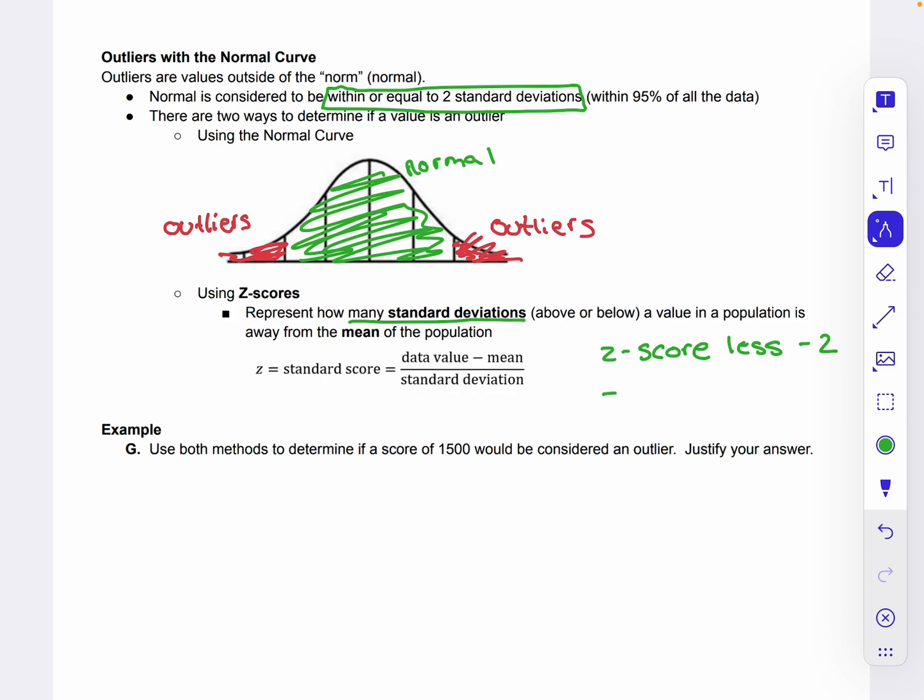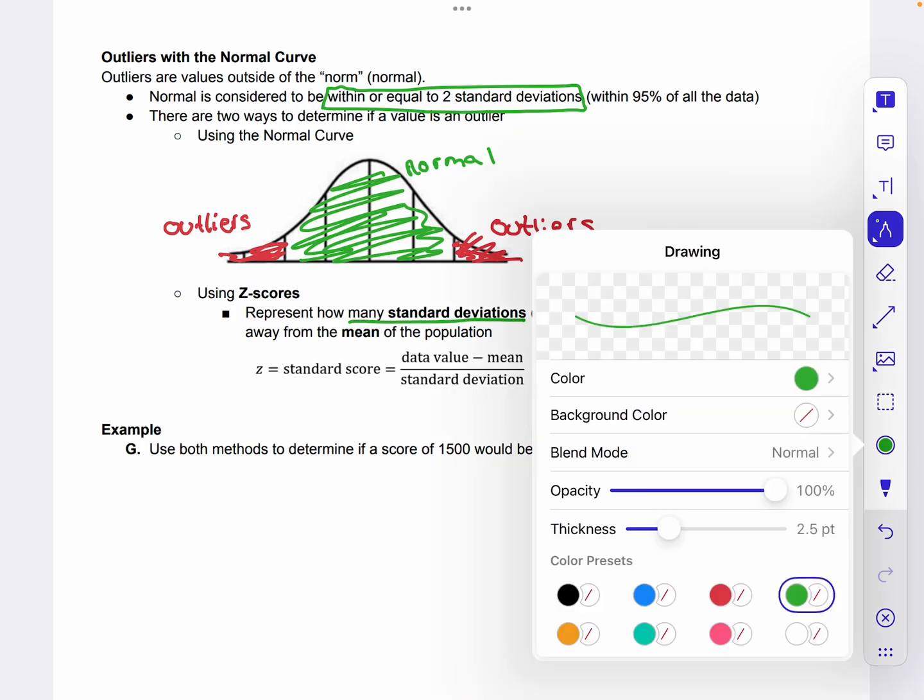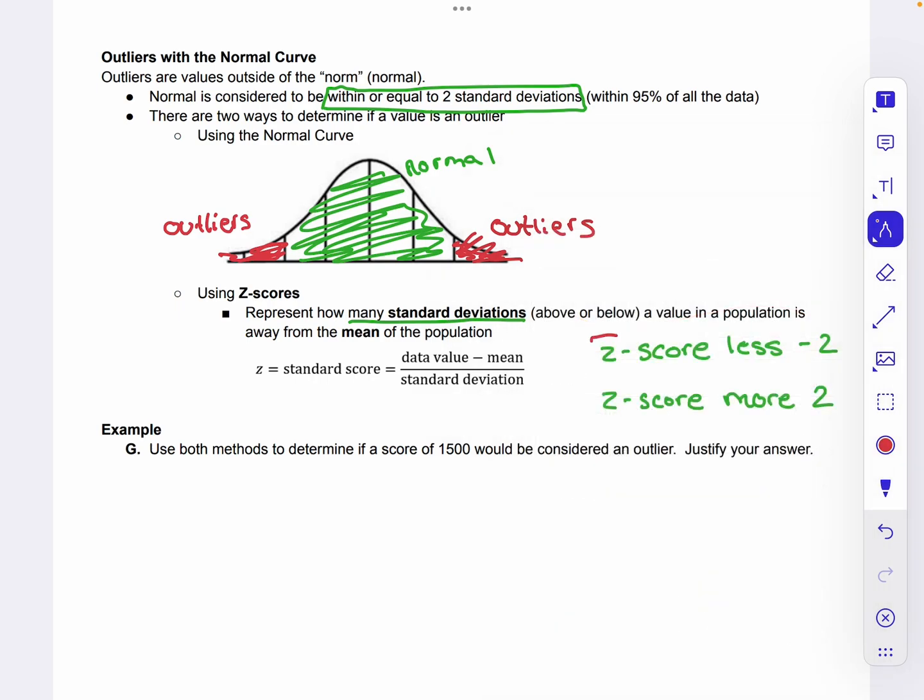Just as if the z-score was more than 2, like 2.1, then it's 2.1 standard deviations above the mean, also an outlier. So these are the key to knowing whether or not my point is an outlier using z-scores.